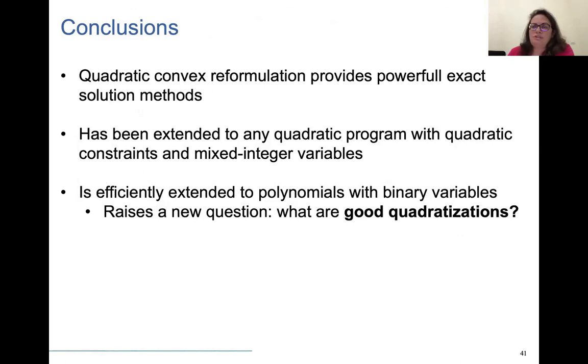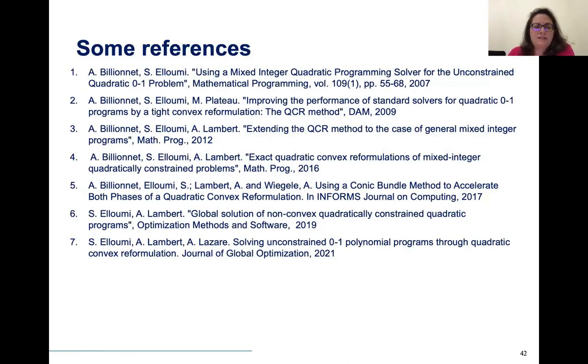But a new question may be raised here. What are good quadratizations? In our implementation, I quadratize with a very simple heuristic. So one can think about how to best quadratize the polynomial. And I finish with some references.